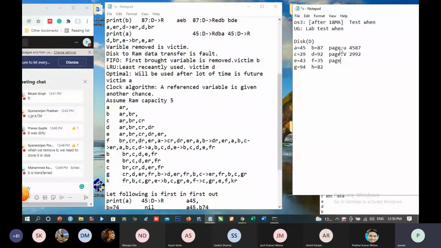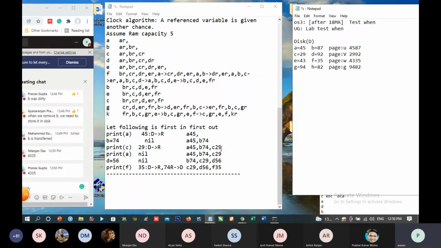Page W contains the values 43, 95. Page C contains the values 94, 82. Is it all right? Is this all right to you? Yes, yes. Fully correct. Now, we are writing print B.